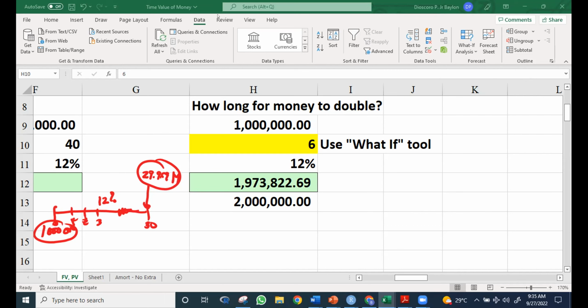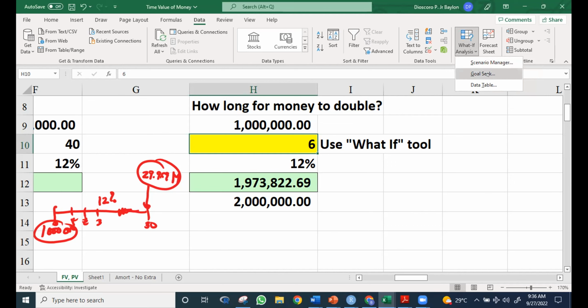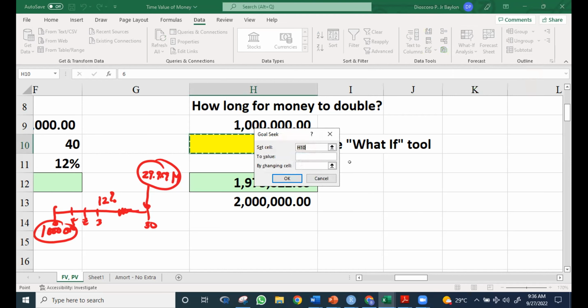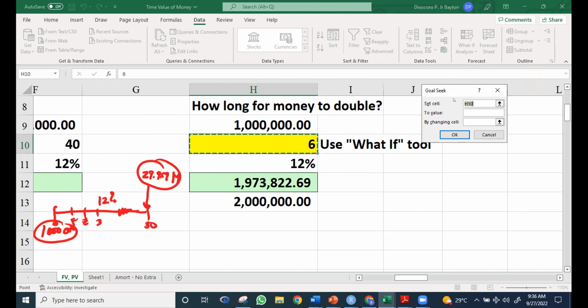Okay, so we're going to make use of a function of Excel, this one, What-If Analysis. If we click this, you have three functions there: Scenario Manager, Goal Seek, and Data Table. So we're going to make use of Goal Seek. Let's click this.